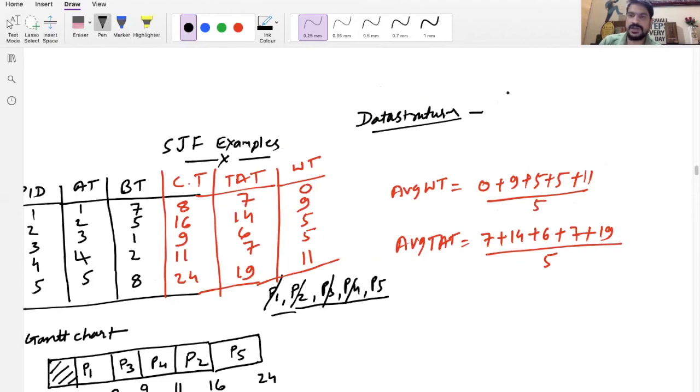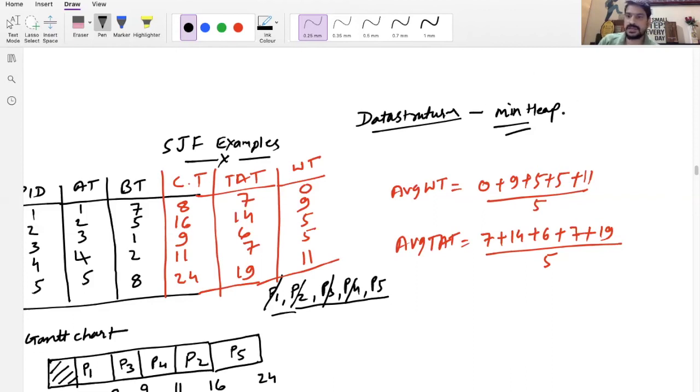Instead, we'll use a min heap. Now what is that min heap? We'll find out the minimum value at the very root and we'll delete it. We delete it means we take that particular process into the CPU, execute it, and again find the minimum one, right?